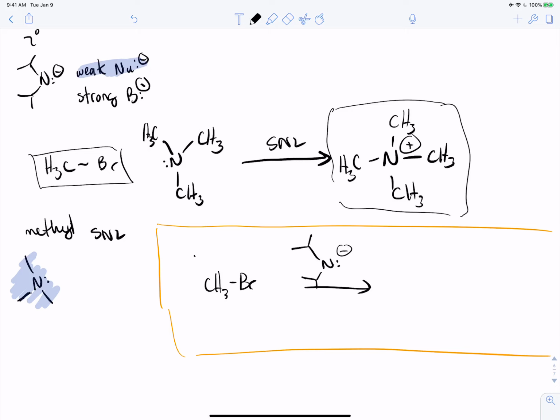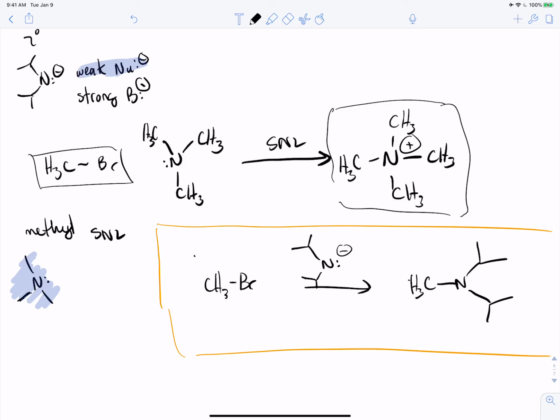Well, okay, SN2 is slowed way down because of steric hindrance, but it's still fast enough that I'm going to see this weird reaction where I'm actually going to alkylate the LDA. This would be an unusual thing to actually want to do in the lab.